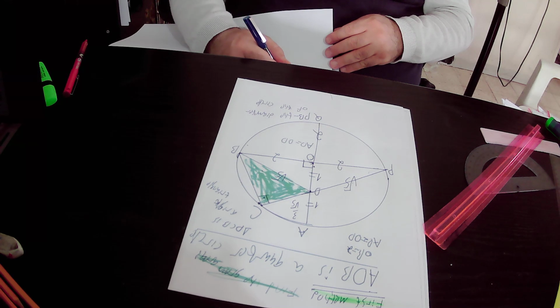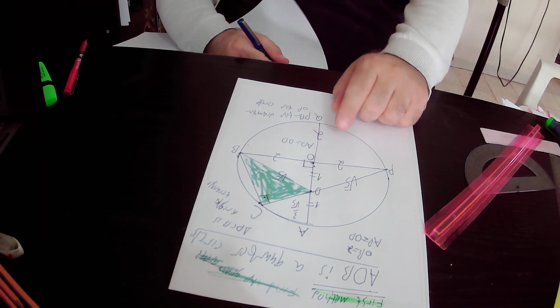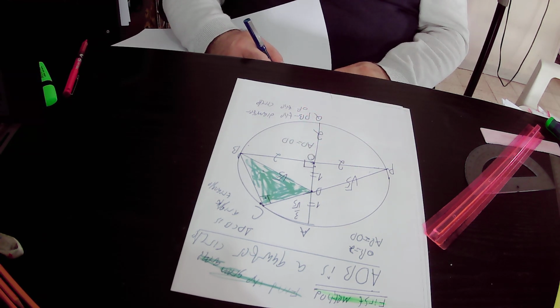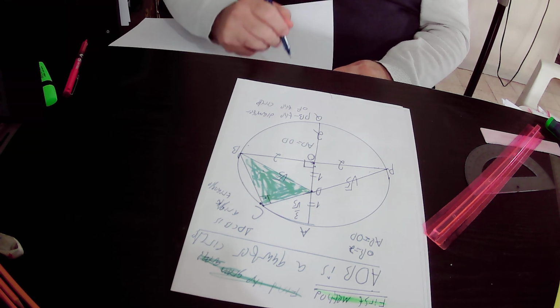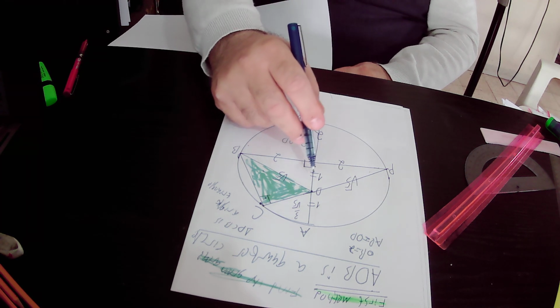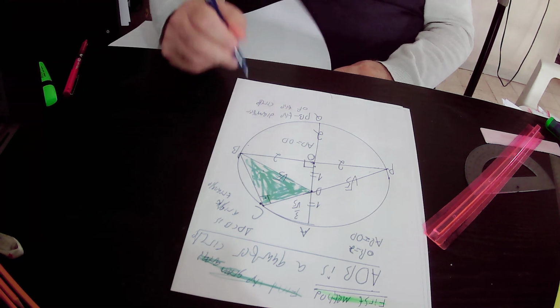According to the Pythagoras theorem, the square of the hypotenuse equals the sum of the squares of the perpendiculars. The hypotenuse is DB, so the square of the hypotenuse is DB square, and it must be equal to DC square plus CB square.